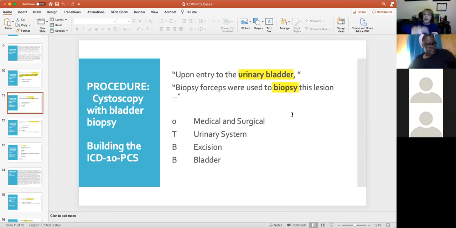If you take out the entire organ, that's a resection. So because this is a biopsy, we're going to use the root operation term excision. And because it said upon entry to the urinary bladder, the body part, character number 4, is going to be bladder. Are we good? Yes.